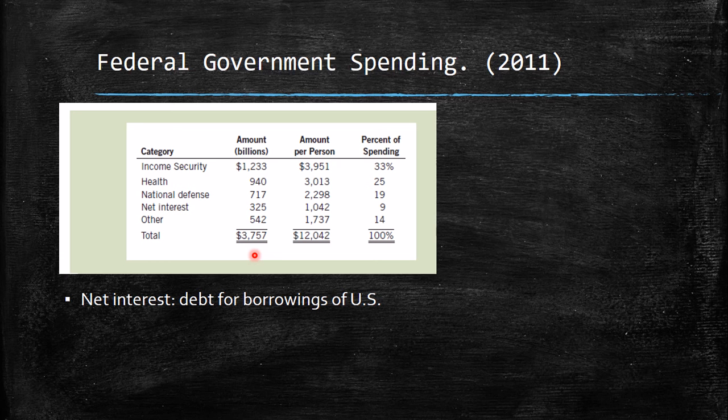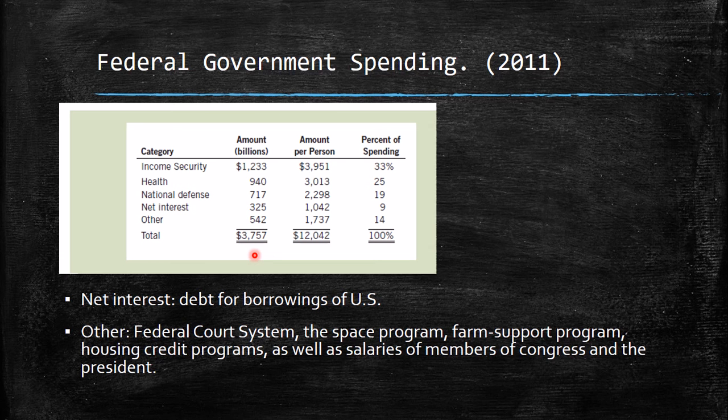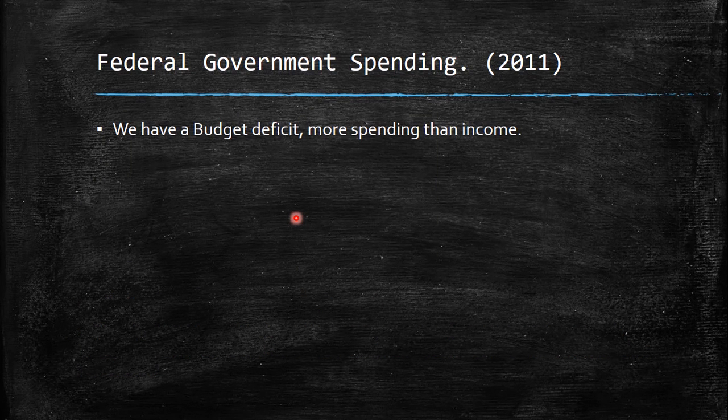And here in other, we have the federal court system, the space program, farm support programs, housing credit programs, as well as salaries of members of Congress and the president. Those are included here in the 542 billion. As we noticed, we have a budget deficit.